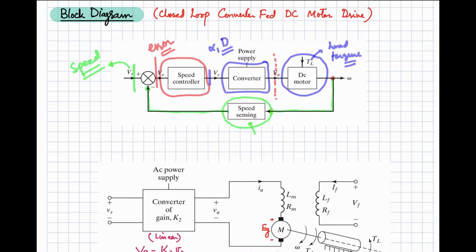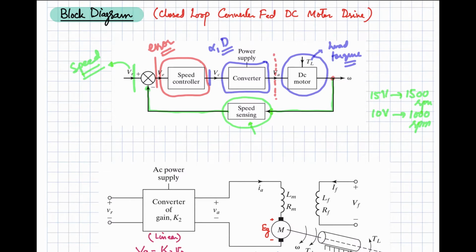So this speed sensing is basically giving you the speed information in terms of voltage. And for the sake of example, let's suppose that our sensor gives 15 volt output when there is 1500 RPM, and it gives 10 volt when there is 1000 RPM.